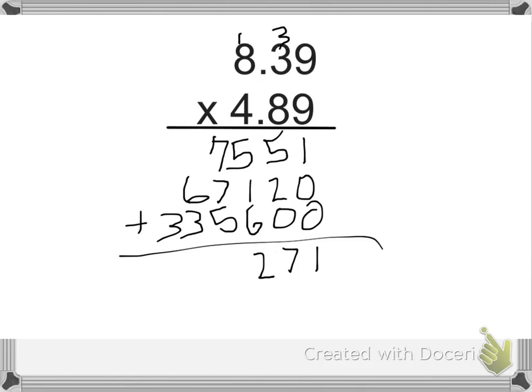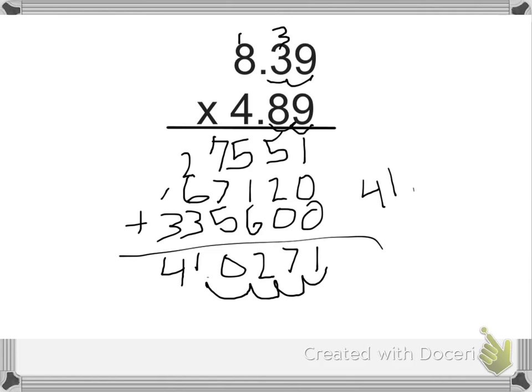Carry your 1. 20. Carry your 2. 8 plus 3 is 11. Carry your 1. 4. Then since you've got 2 decimals here, 2 numbers behind the decimal here, that's 4 total, so you move your decimal place 1, 2, 3, 4 places over. So the answer is 41.0271.